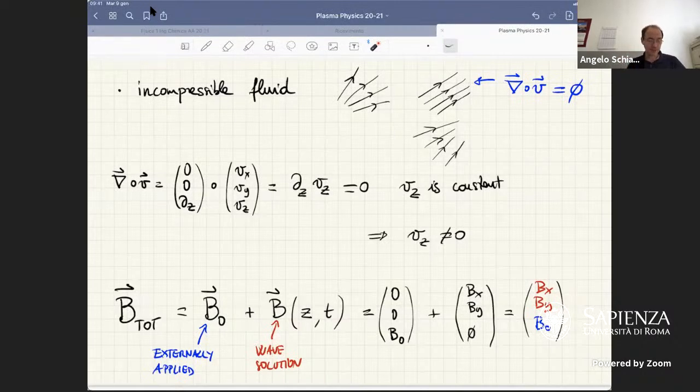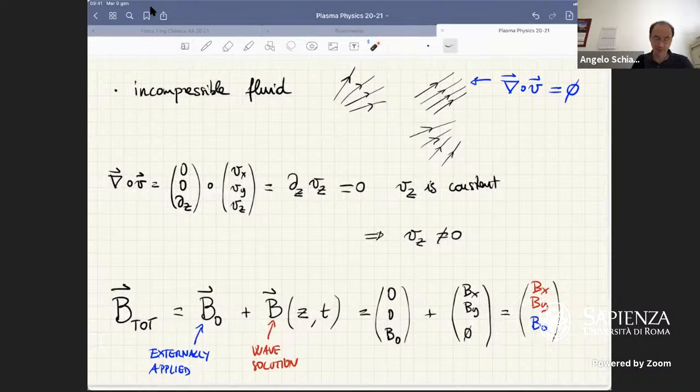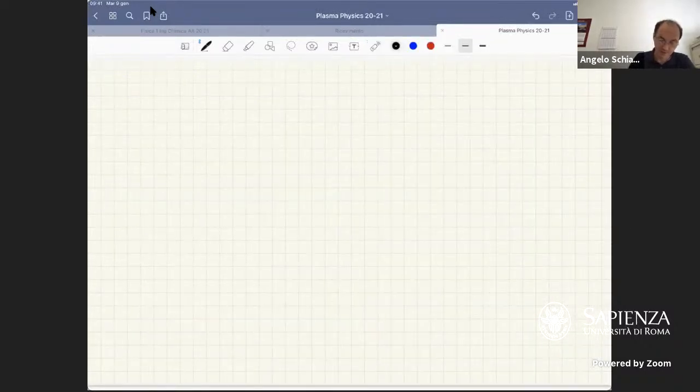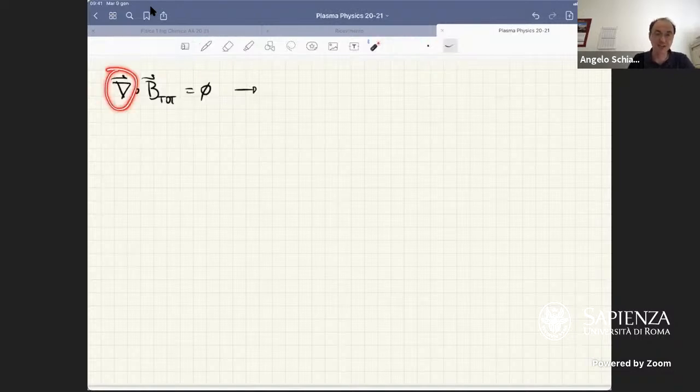Let's see what this corresponds to. We say that the total B field has to be solenoidal, divergence of B dot equals zero. And it means that, since the Nabla operator, as we've seen, is just the partial derivative along Z, it means that the derivative of BZ over Z is equal to 0.